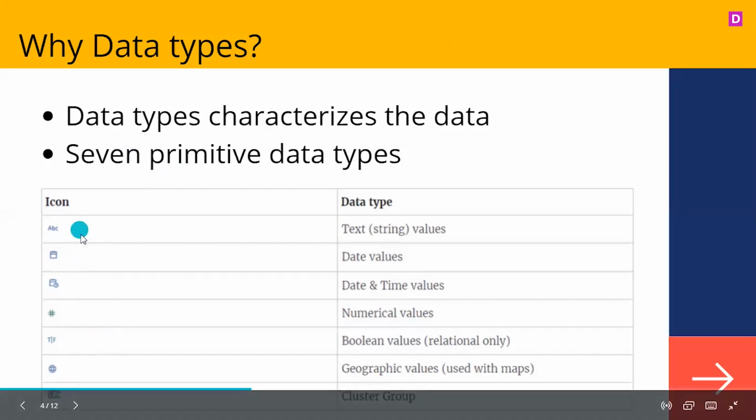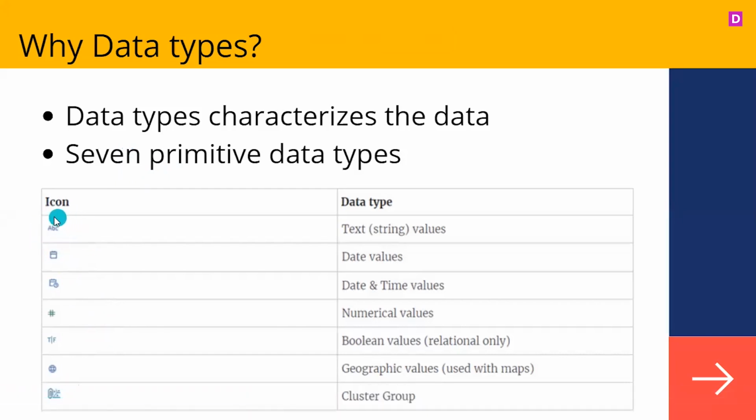So when you see an icon like a capital A with B and C, this denotes a string data type. And this one, the picture itself gives you an indication that it is a date kind of data type, and this is date and time, which is of course equivalent to a date and a time.